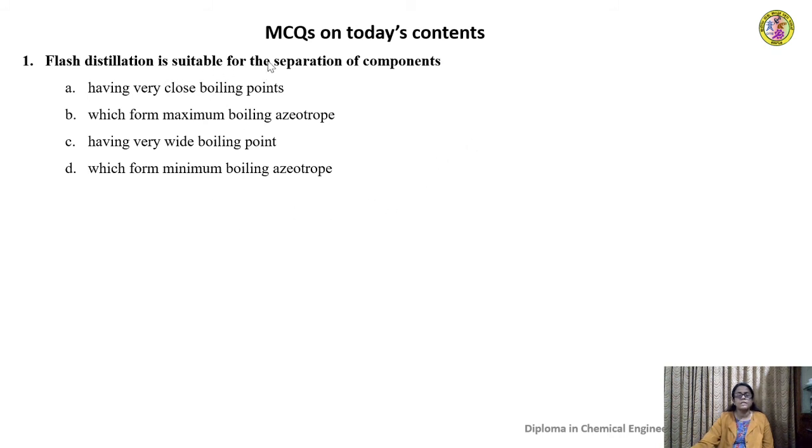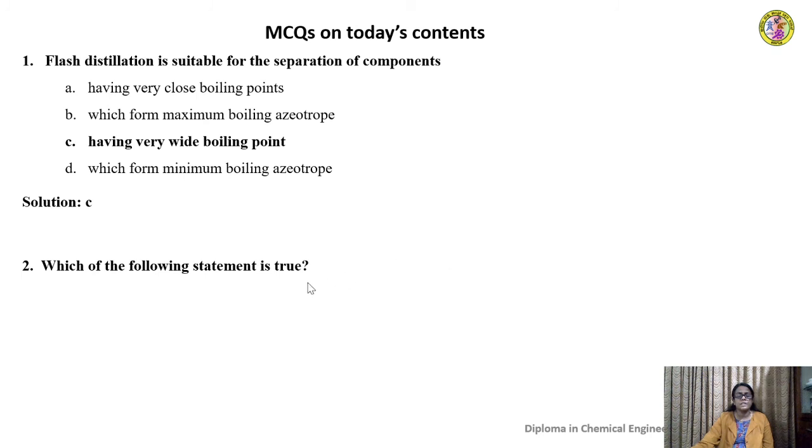So for this instance, flash distillation is the right method for separating mixtures which have a wide boiling point difference. So option C is the right answer for this question.